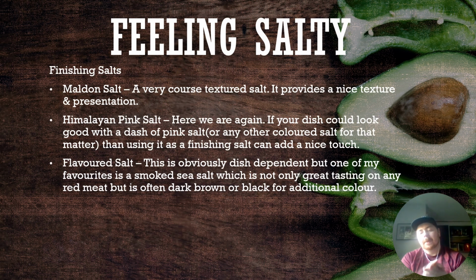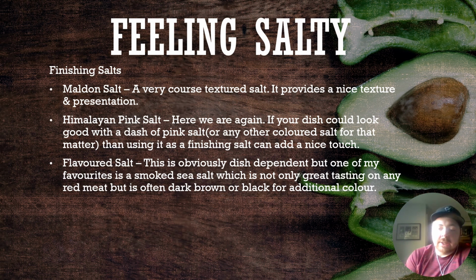Finishing salts. This one is where it can get kind of expensive. There are some very expensive salts in this world, and that just has to do with the process in creating those salts, whether it's the shapes they keep, or, for instance, smoked salt obviously goes through an extra process.